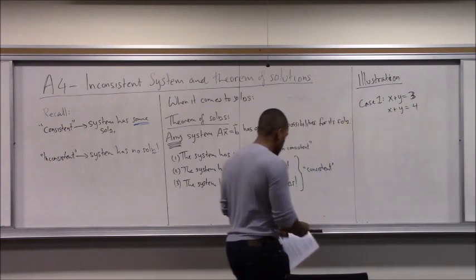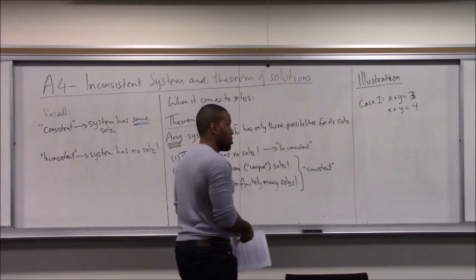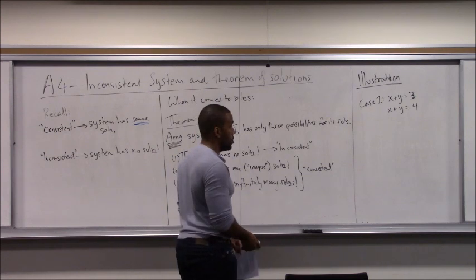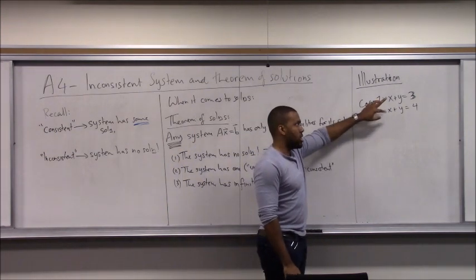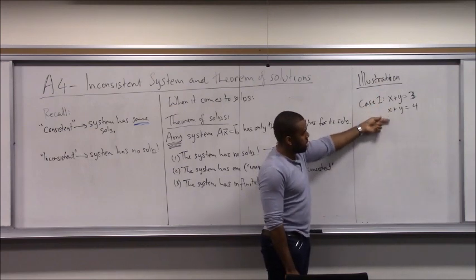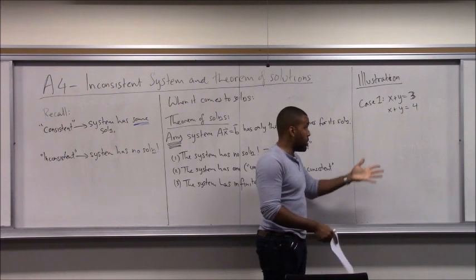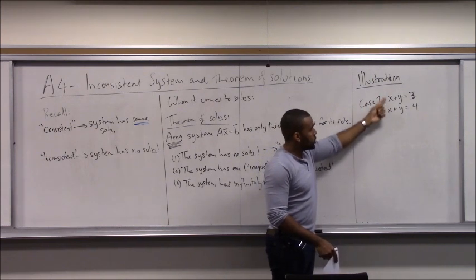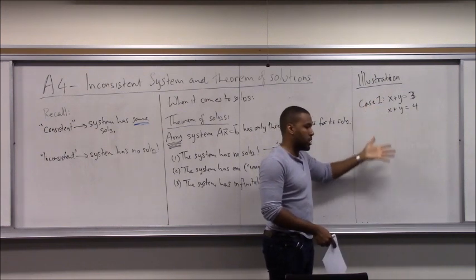Now if I have two numbers adding up to 3, it's impossible for those same numbers to add up to 4. Again, it's not always that obvious. You'll have a bunch of equations, but sometimes you'll have a situation like this, where you have two possibilities that can't possibly coexist.